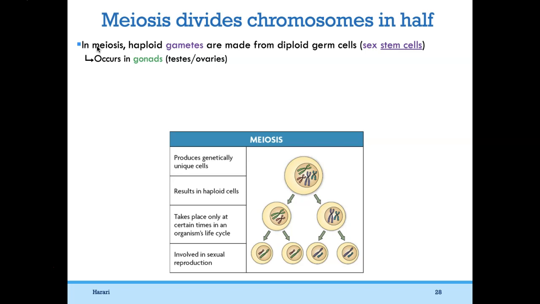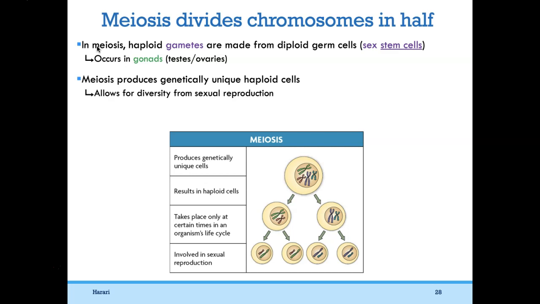This does not occur throughout the body. It only occurs in the gonads. And these haploid cells are all genetically unique from each other. We'll talk about how they acquire this genetic uniqueness, because this is what's going to allow for all the diversity in sexual reproduction.